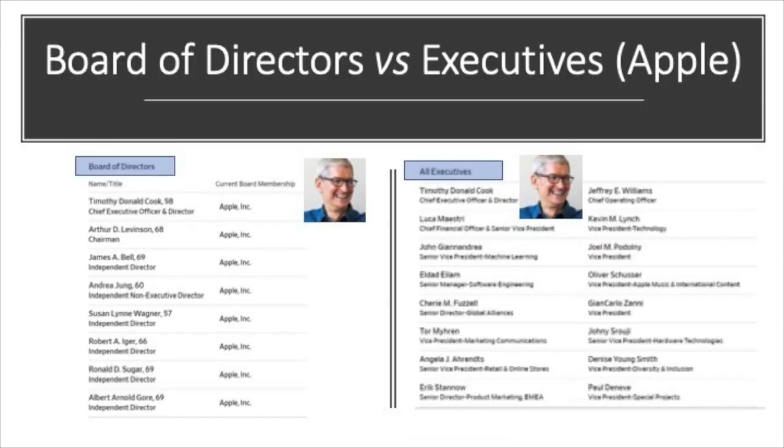If you compare Apple's board of directors and Apple's management team, you may not see overlap. I mean, if you work as board member, you are less likely to work as top executive and vice versa. But Tim Cook is an exception. He's working as board member as well as CEO. So he has dual roles here.